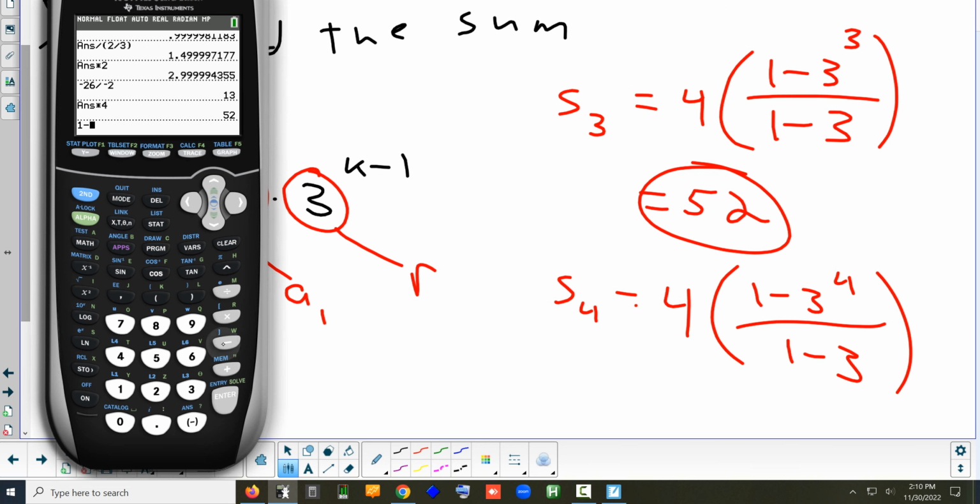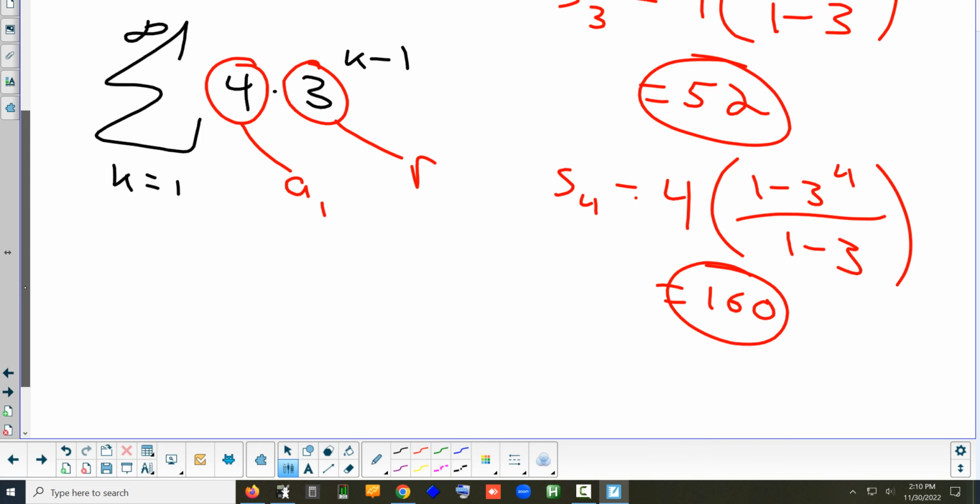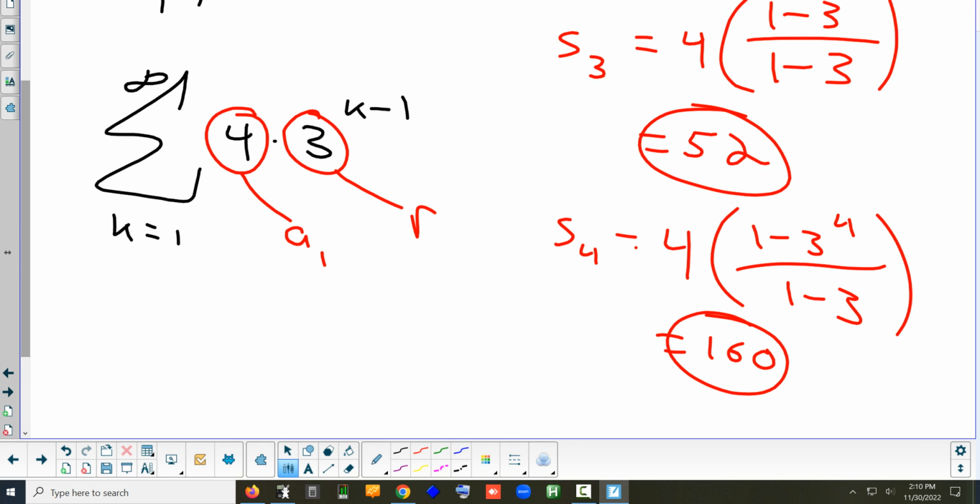So 1 minus 3 to the 4th, that's negative 80. 1 minus 3 is negative 2. And then I have a times 4 in front. Oh, that's not good. So now the first 4 terms add up to 160. That's a very big jump, right? Huge jump. So I could do one more, but it's going to get even bigger.